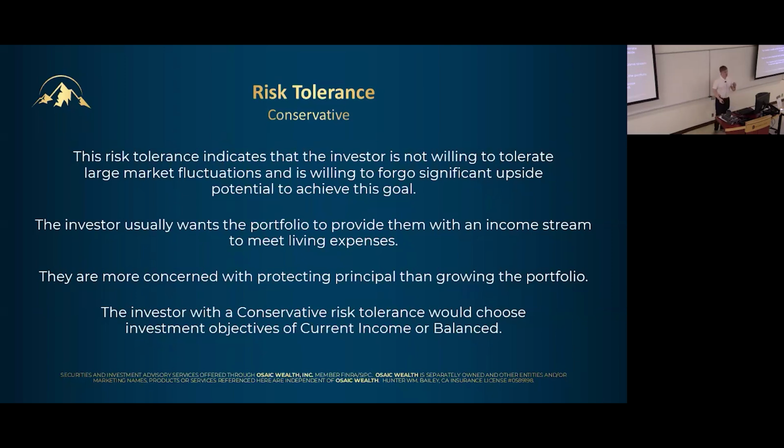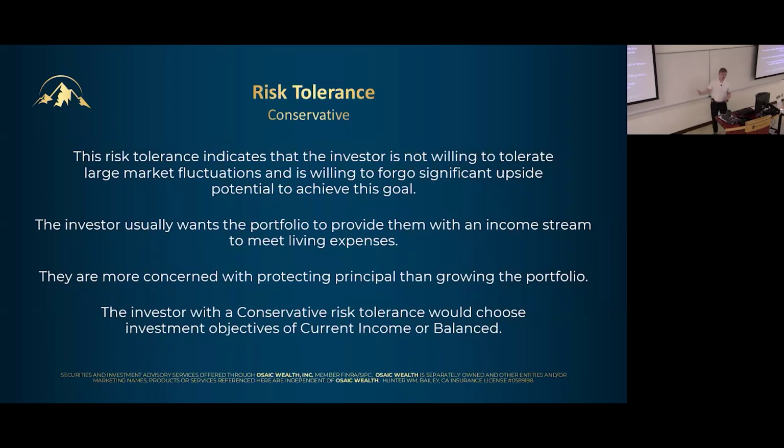So an investor with a conservative risk tolerance would be most likely to choose investment objectives of current income or balanced on the low end. So you might take a balanced portfolio and go, let's not have so much growth in there. Let's bias towards value. Let's have a little bit more bonds. So let's start tweaking that down.